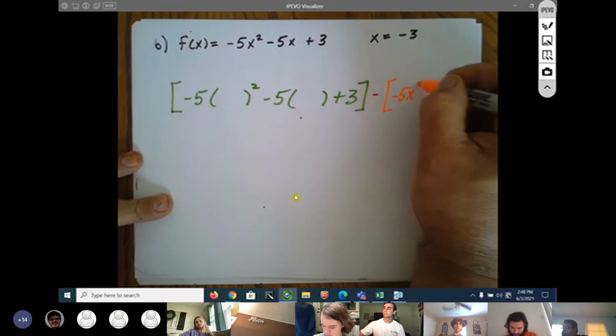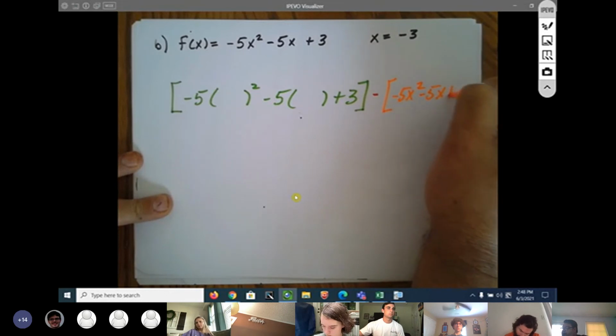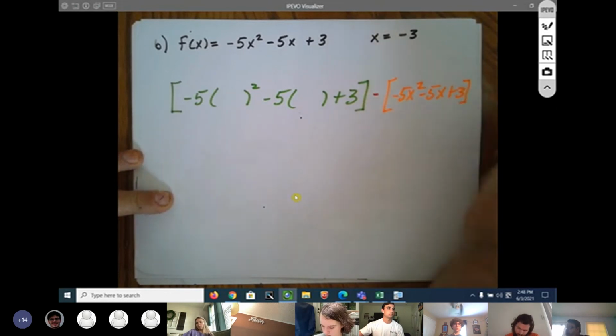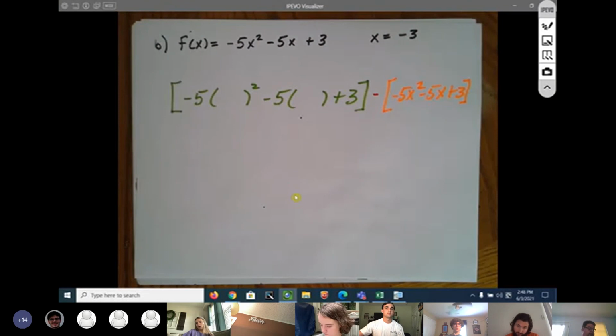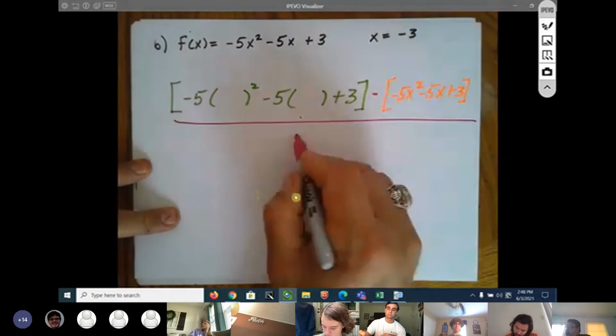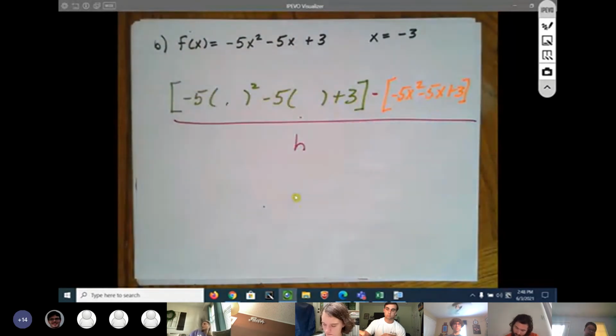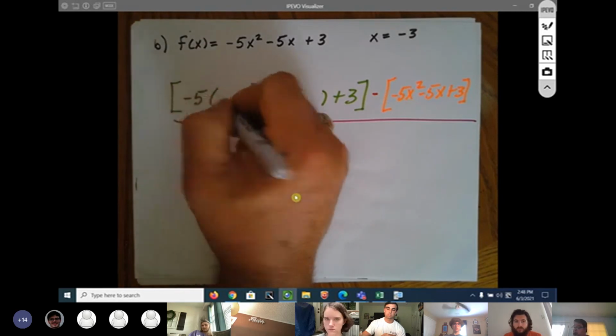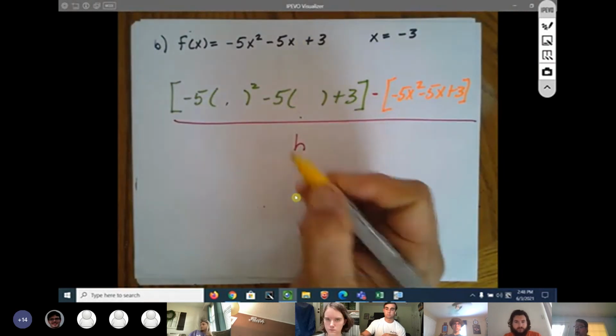Negative 5x squared minus 5x plus 3, all that over h. And what do I plug in these green parentheses? Negative 3. Nope. Oh, no. I did h.